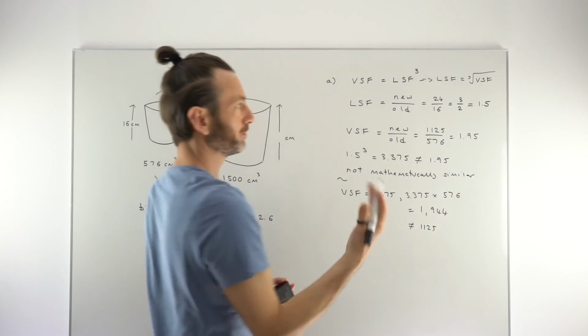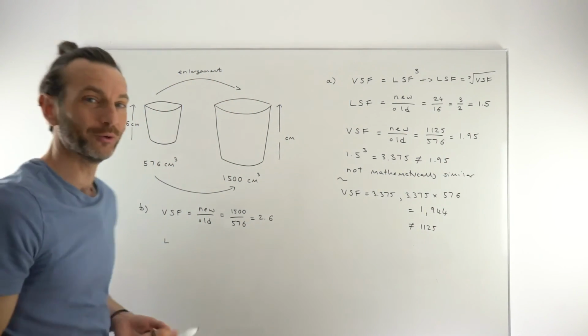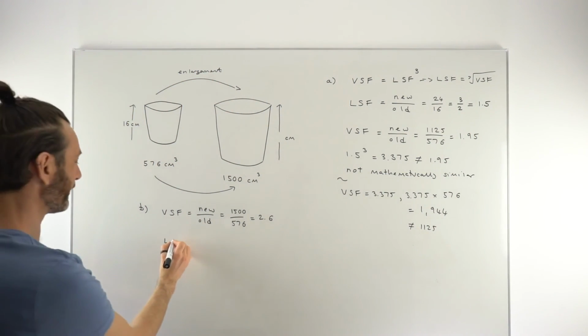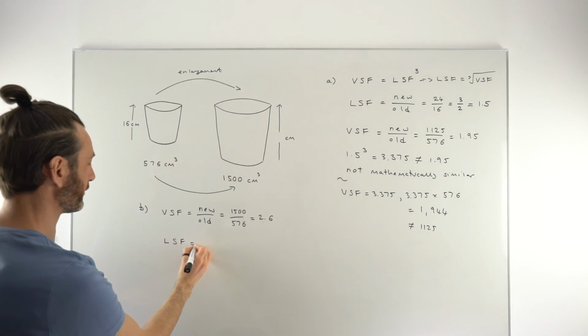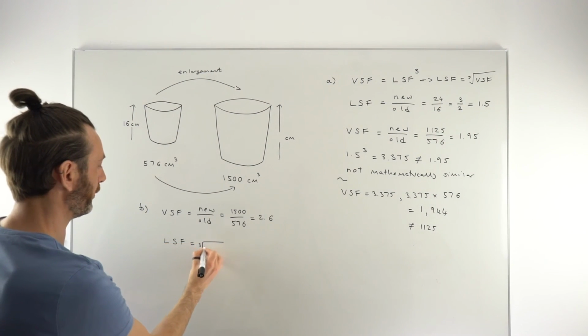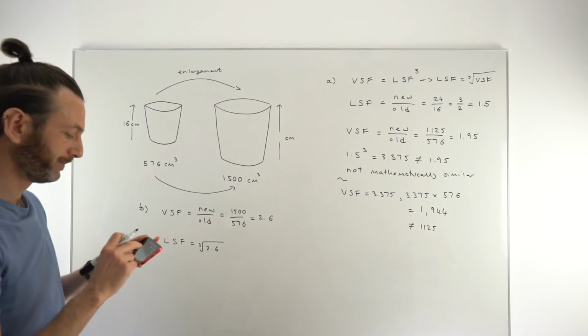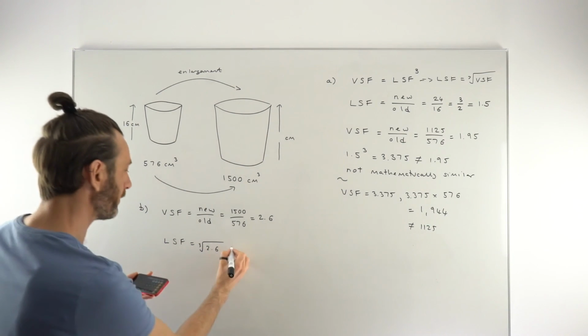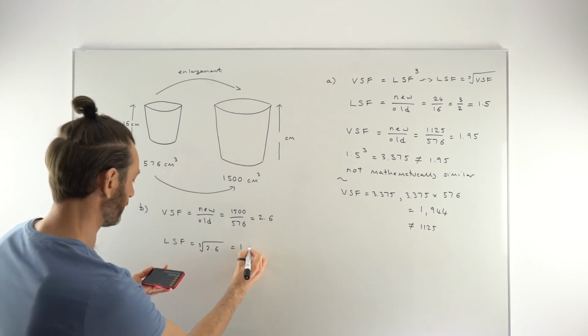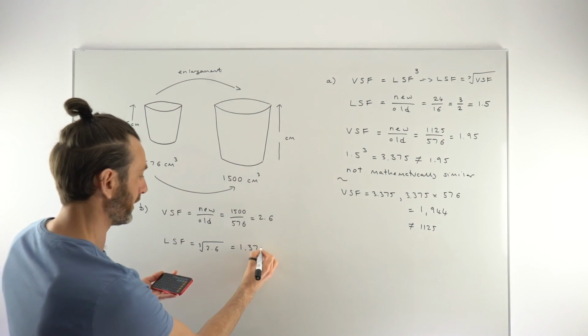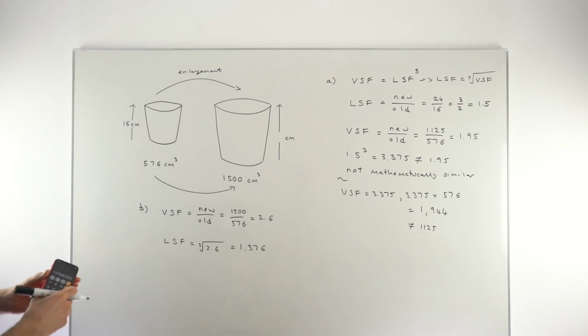So that's what makes this a tricky question. It's why it's the final question in the paper. So that means that our linear scale factor is going to be the cube root of 2.6, which is equal to, according to my calculator, 1.376, just to use a few decimal places there.